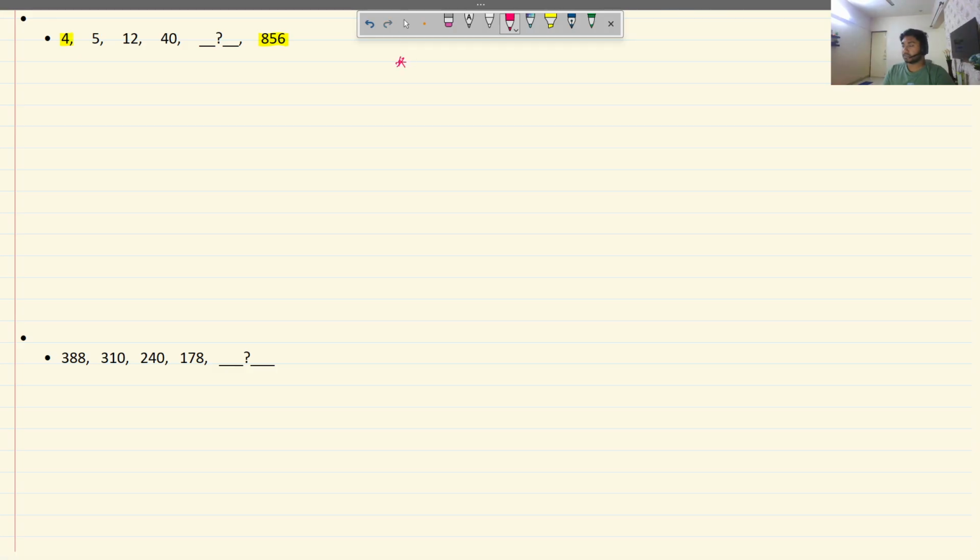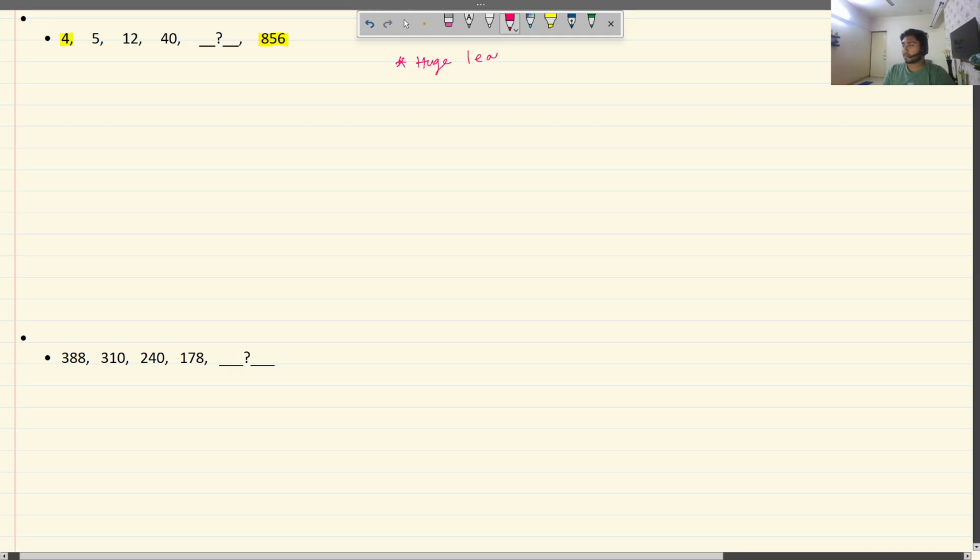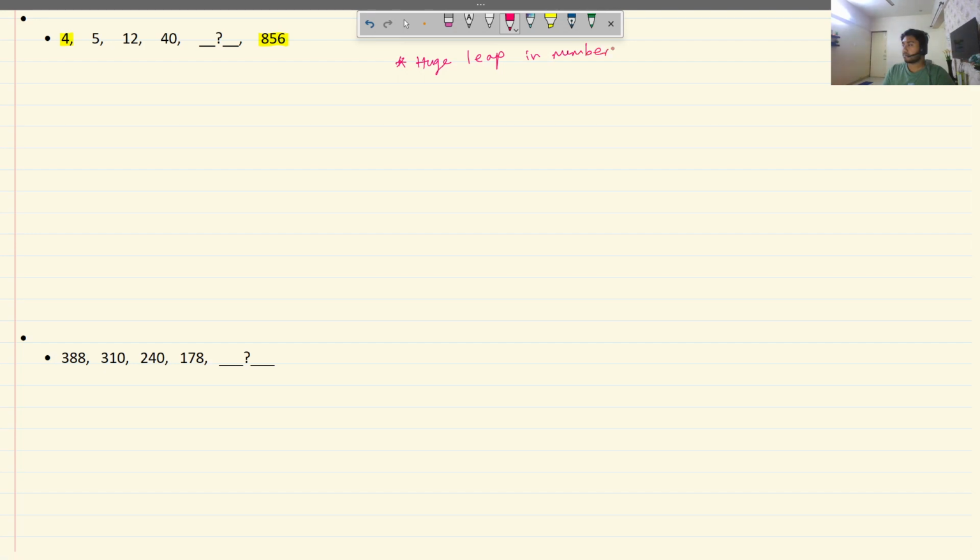So the logic is: a huge leap in numbers means multiplication is involved.